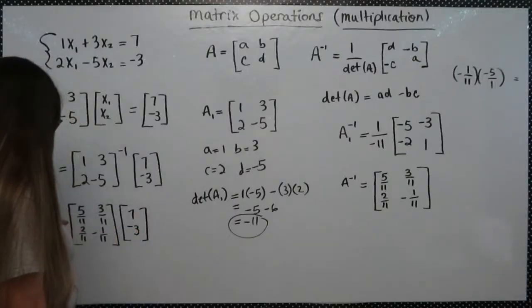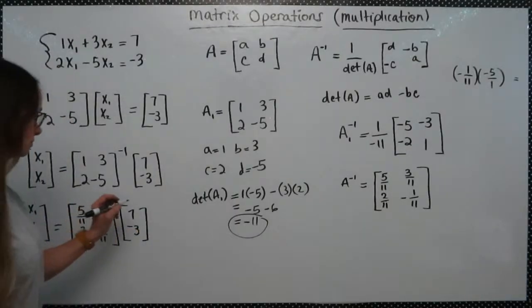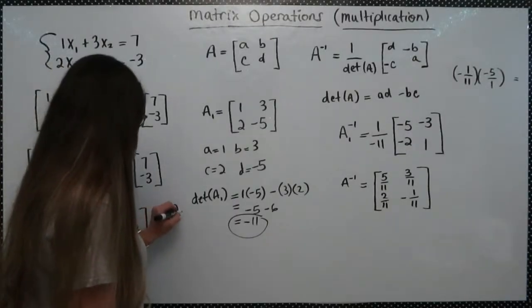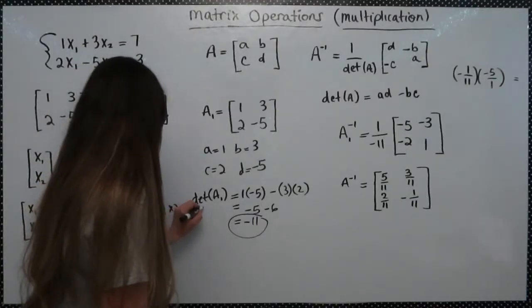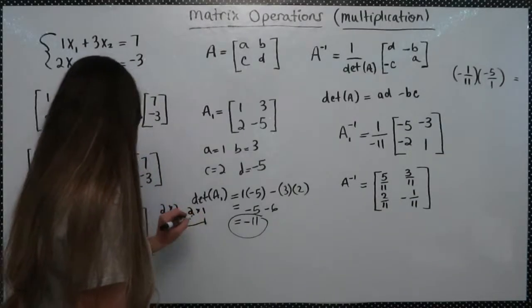And this is a 2 by 2. So we've got a 2 by 2 times a 2 by 1. These match. You're going to get a 2 by 1 matrix.